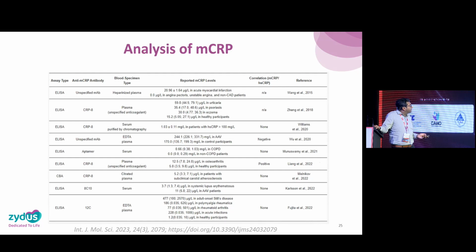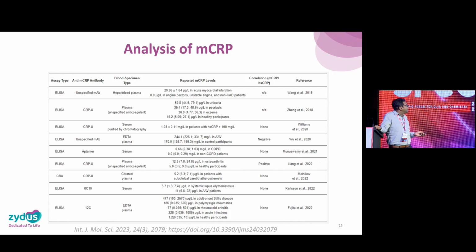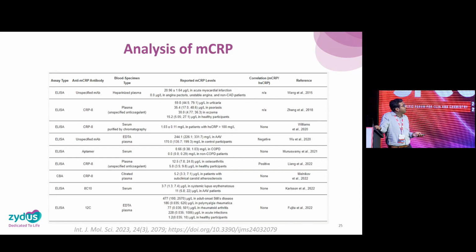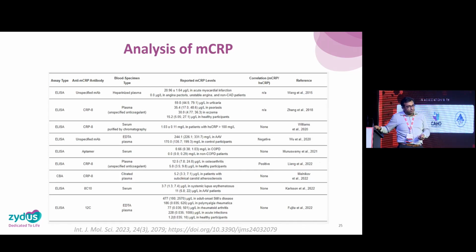So these are a few of the data present with the analysis of mCRP. Mostly ELISA, but one assay you can see is the cytometric bead assay. Someone in 2022 has developed flow cytometric analysis of mCRP also.